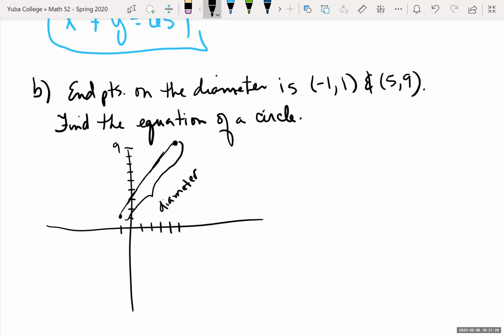Well, we know that the halfway point in between that diameter would give us the center. So the halfway point between the 2 endpoints of the diameter is equal to the center.